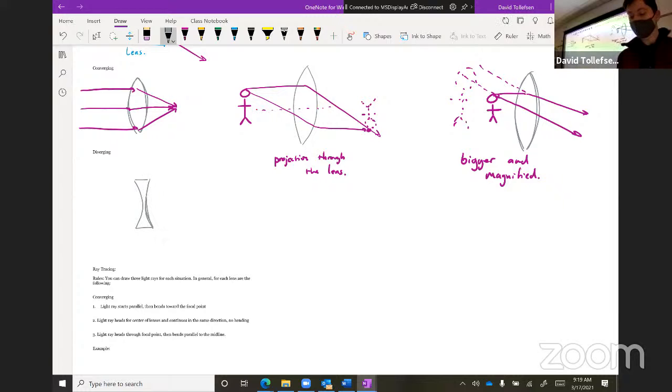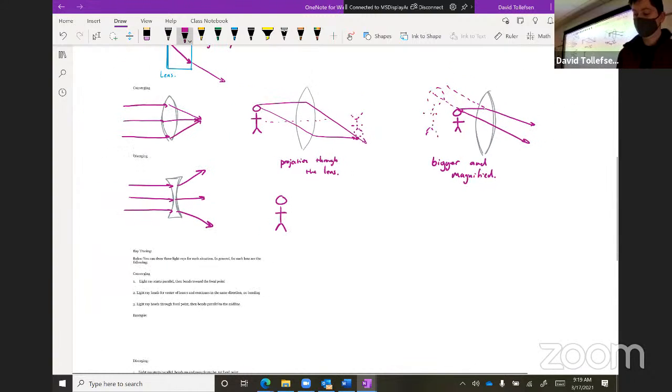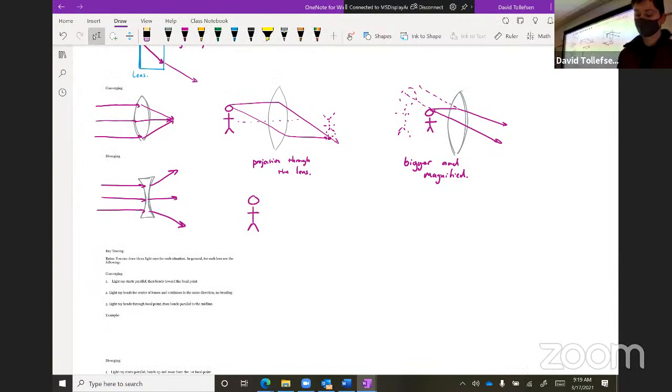Diverging lens. All the light rays come in, and what does a diverging lens do to them? Yeah, it spreads them out. And so because it spreads them out, the light that's coming from here spreads out.